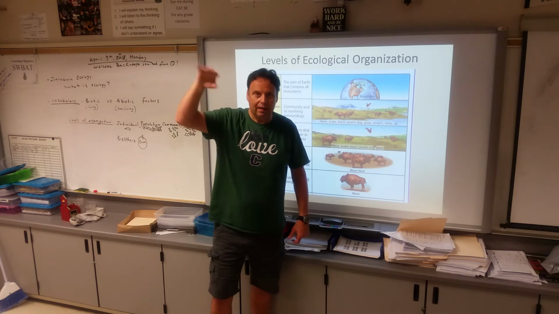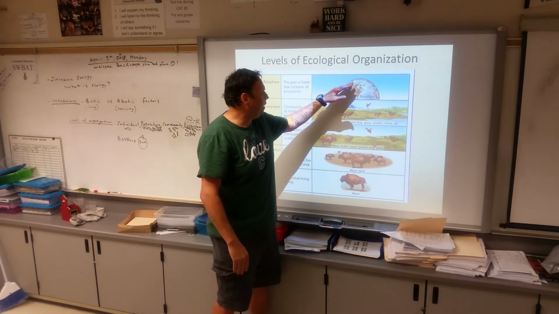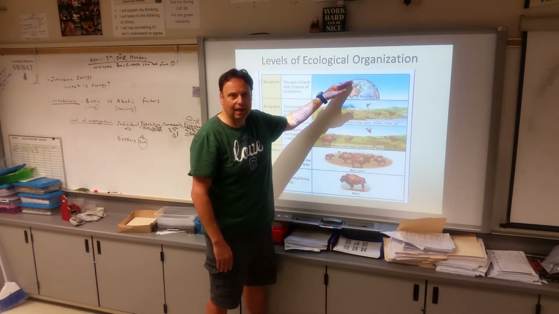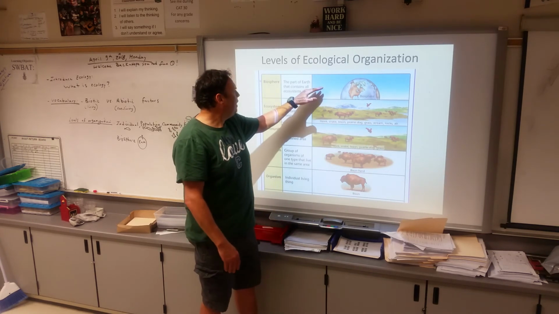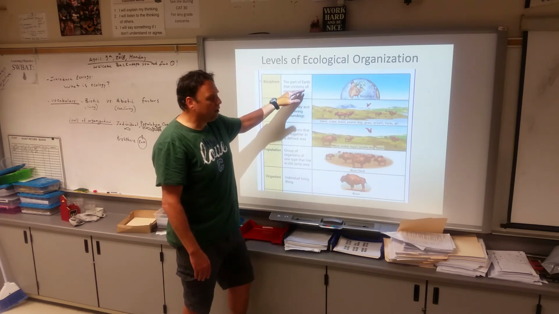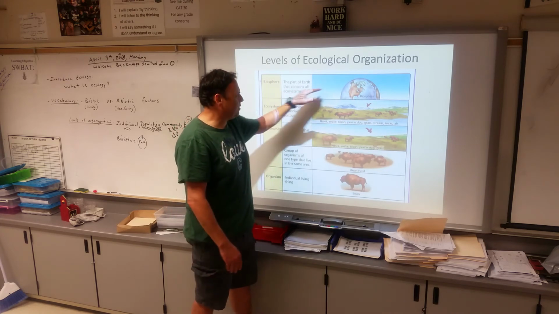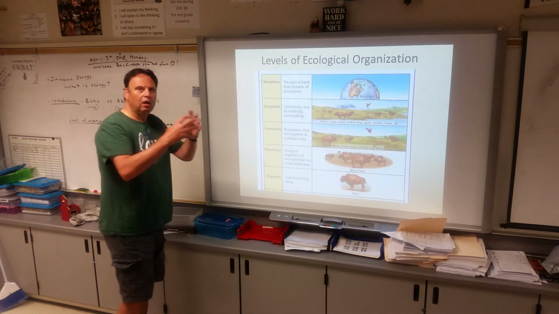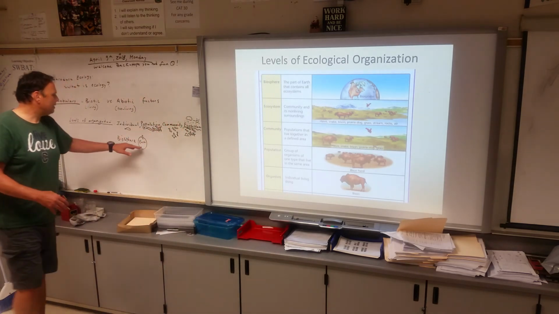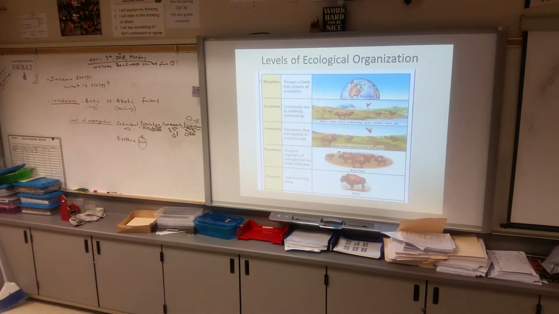Those things exist above the crust, in the atmosphere. So that's also part of the biosphere. So the biosphere is the part of the earth that contains life, where all the ecosystems are. So that's the biosphere. Every place on our planet that has life.